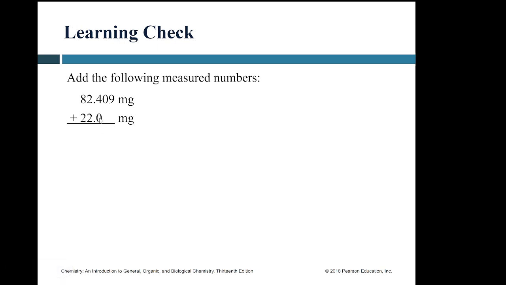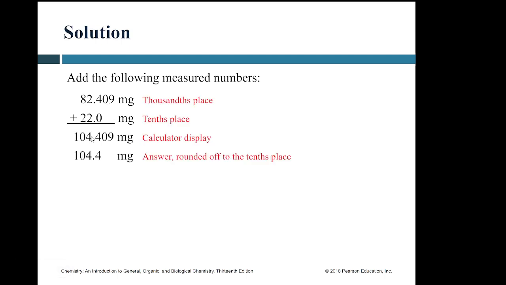You got it. Perfect. And that digit right here is a 0, so we don't have to worry about it. So we'll end up with 104.4, because we're going to round to the tenths place.